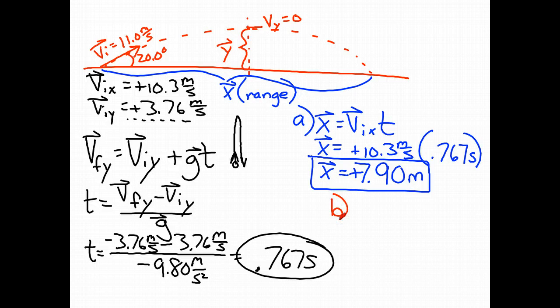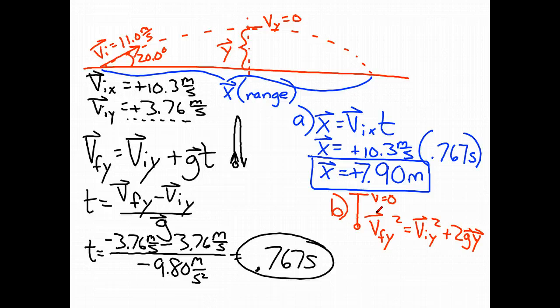So for part B, I have a ball, I throw it up, it stops at the top, the velocity is 0. My initial velocity is still a positive 3.76 meters per second. So in this case, I'm going to use the second equation, VFY squared equals VIY squared plus 2GY. Make sure I put my vector signs in there.